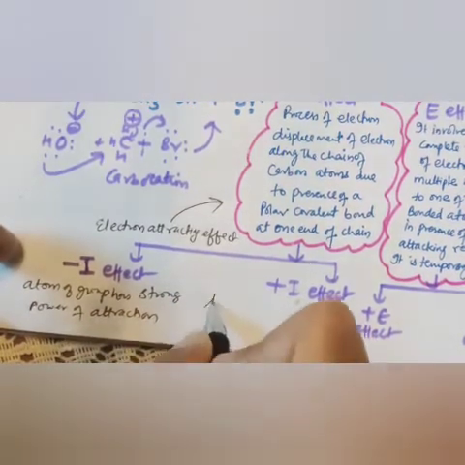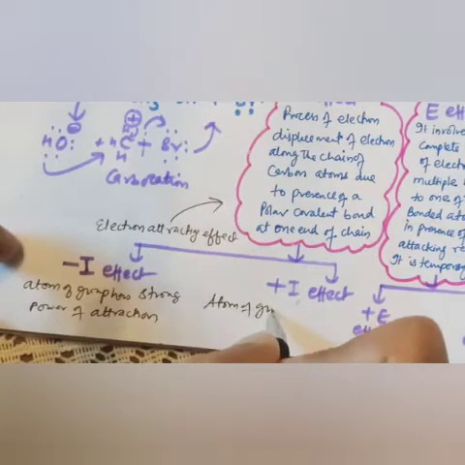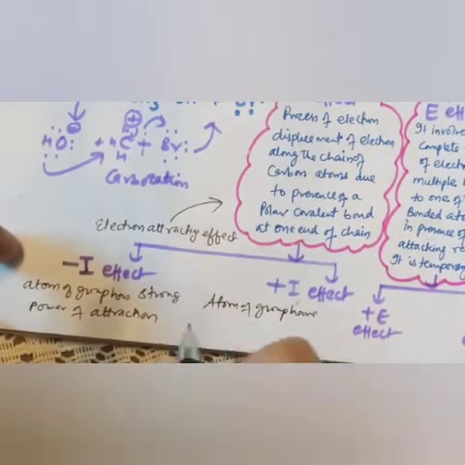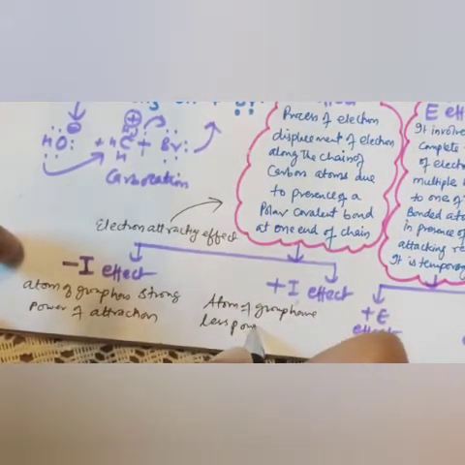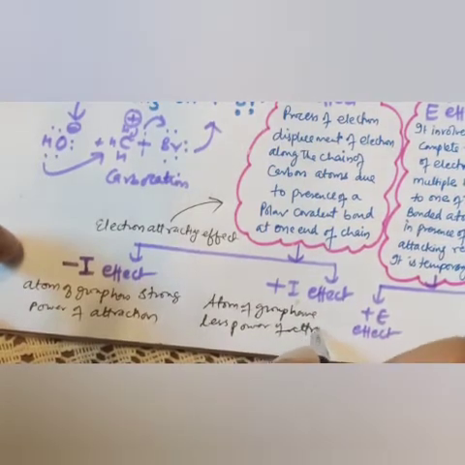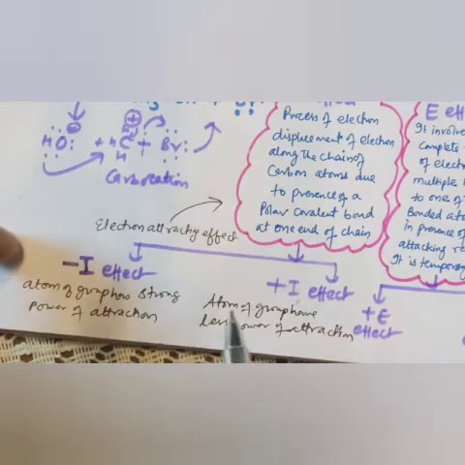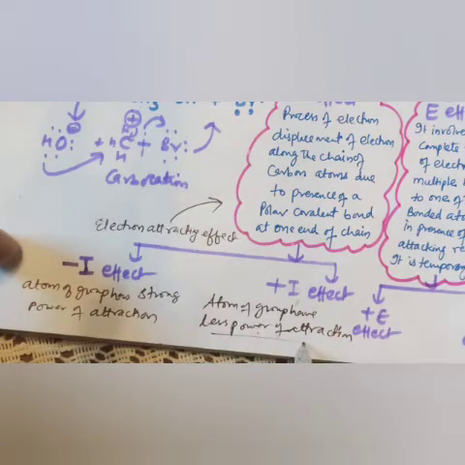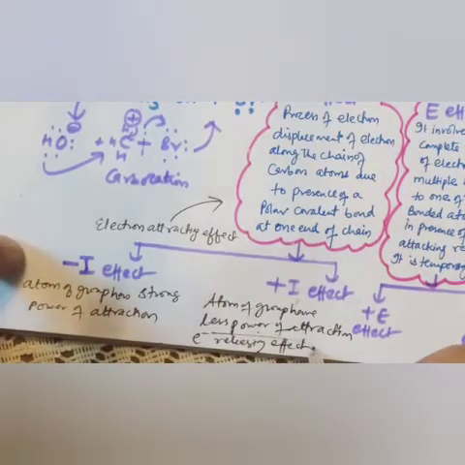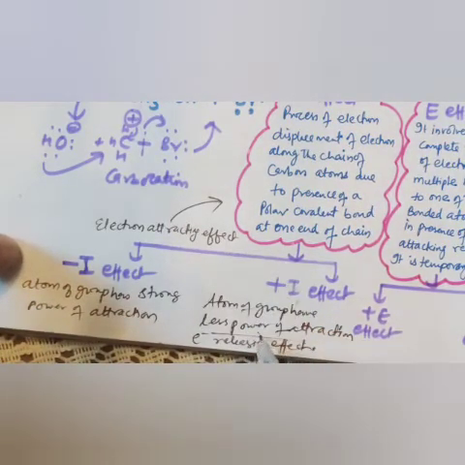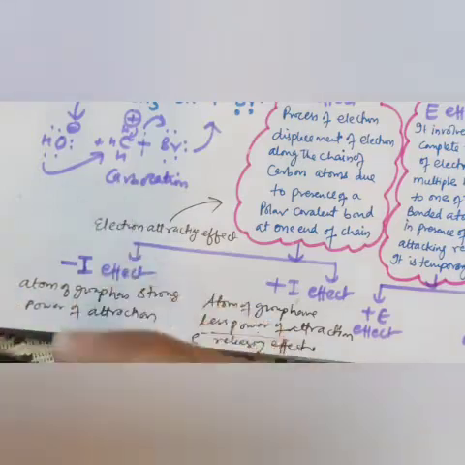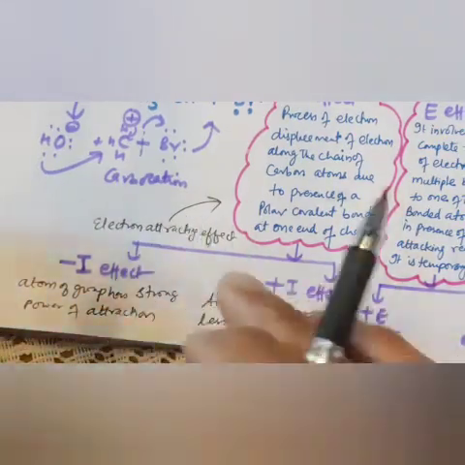Whereas in positive I effect, the atom or group has less power of attracting, and it has an electron-releasing effect. Negative I effect and positive I effect. The important feature is that it is a permanent effect, and I will send you notes.